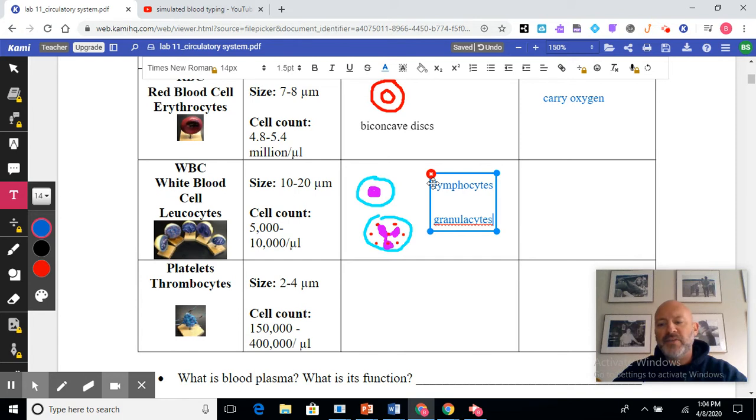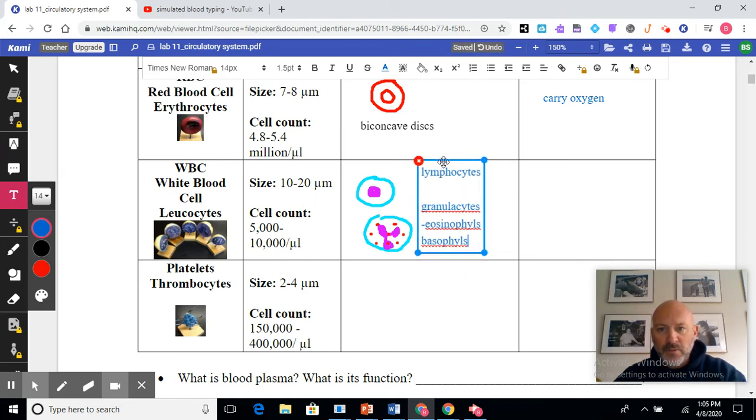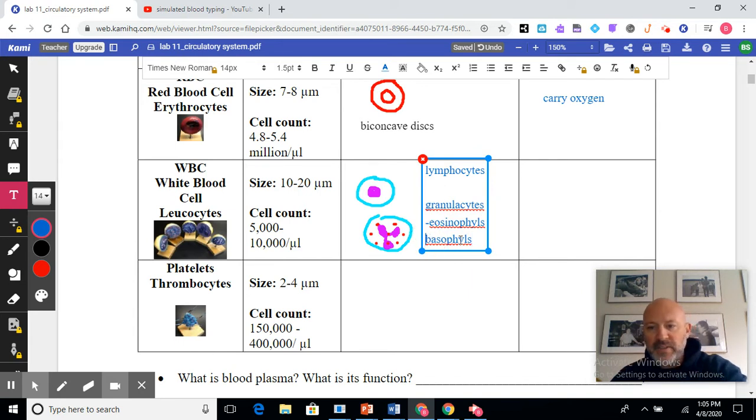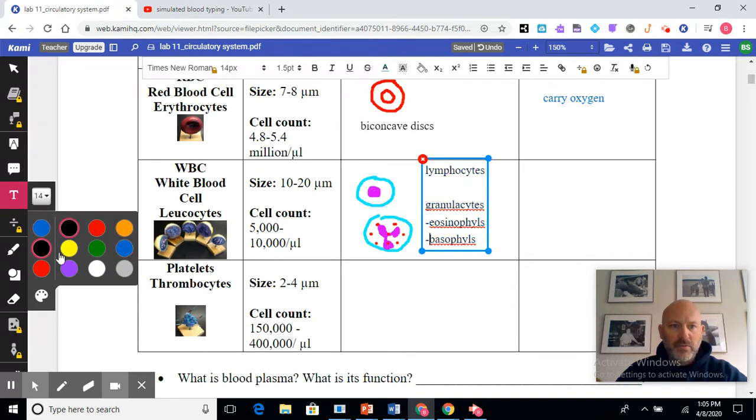Granulocytes would be things like eosinophils, basophils, neutrophils are another example. We don't have to write all the examples in, but what is the function?